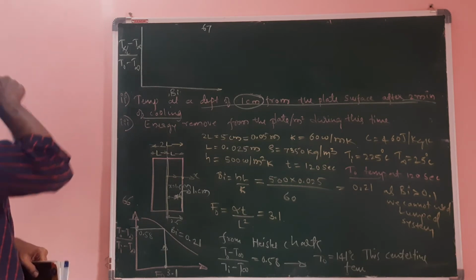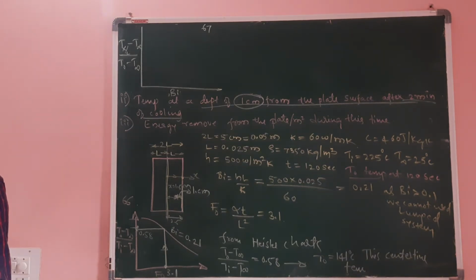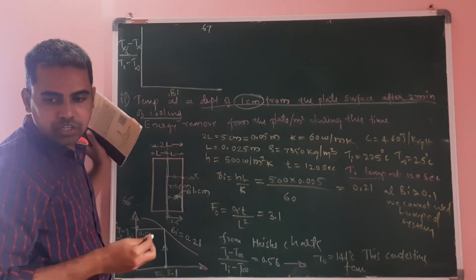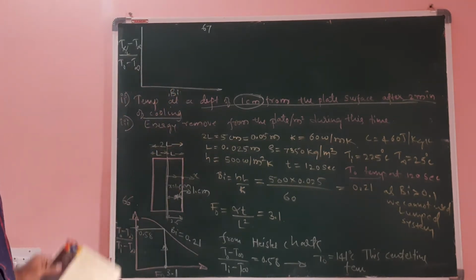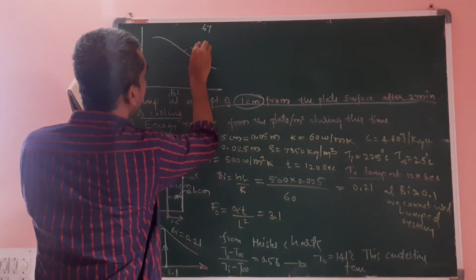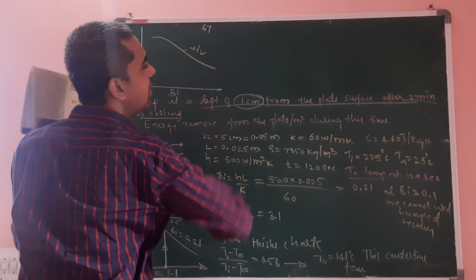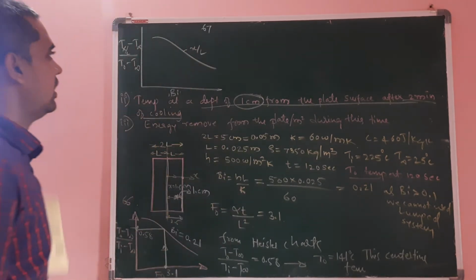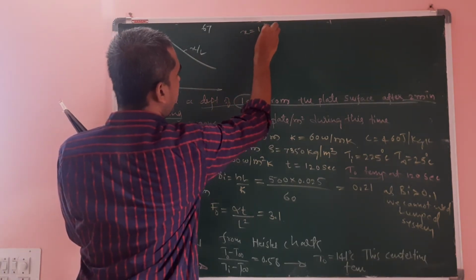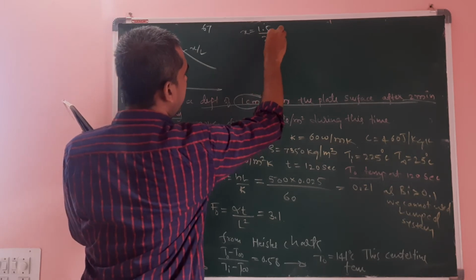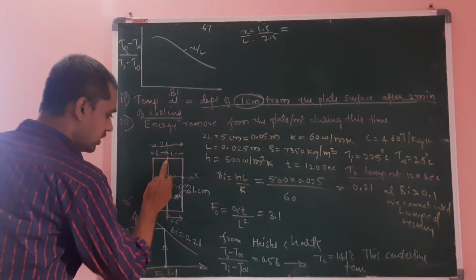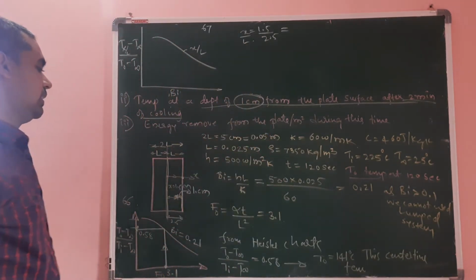On page number 67 there is one more graph like this, with lines of constant x by L. If you calculate x by L, x equals 1.5 and L equals 2.5, where L is the distance from the center line to the surface.